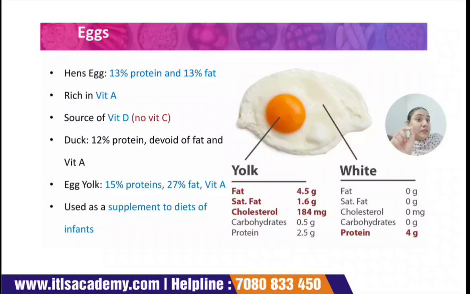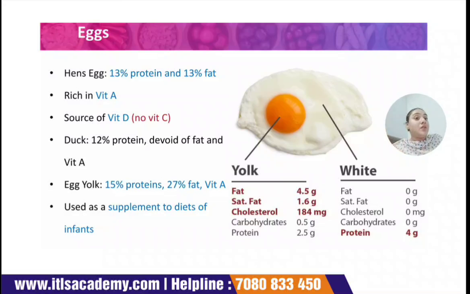The yellow part, that is the yolk, has 4.5 grams of fat. It has saturated fat of about 1.6 gram. It has a cholesterol level of 184 grams. It has carbohydrate 0.5 and protein 2.5.